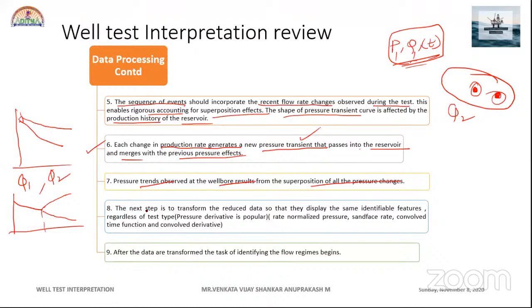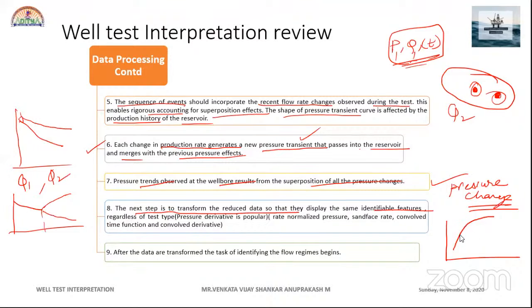So what are the other steps? Once you understand the pressure changes, the next step is we'll try to identify what features it is going to reflect. Even though we're taking one graph of a build-up, if you take a normal build-up, it will be with respect to your Horner plot.